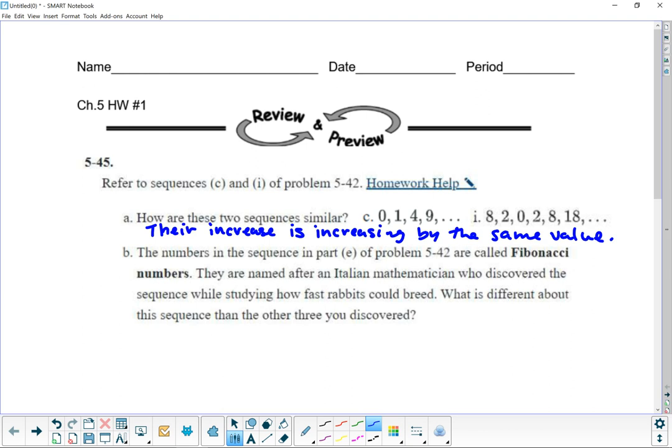Okay, so their increase, it's not the same, but their increase is increasing by the same value.